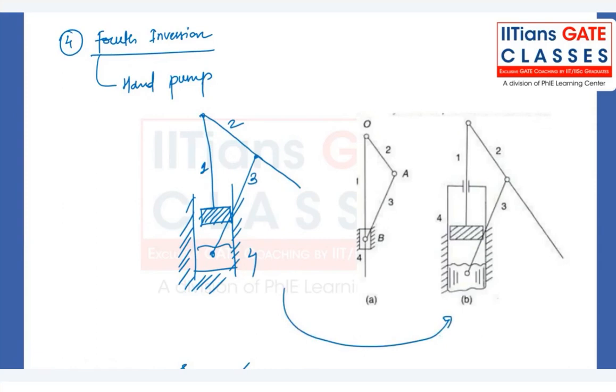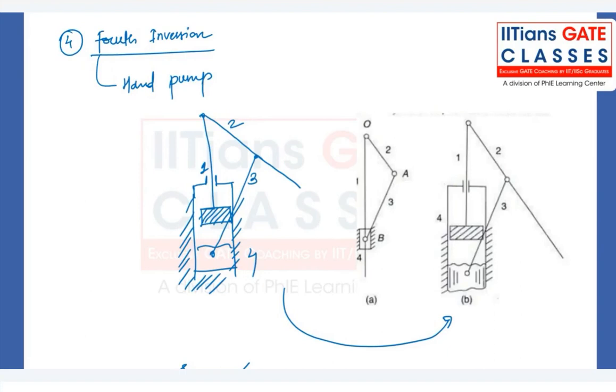They are just modifying this figure a little bit for the hand pump. So if you fix link number 4 and make a plunger out of link number 1, and you give a cylindrical shape to it, then it will act as a hand pump. So the application of the fourth inversion is the hand pump.